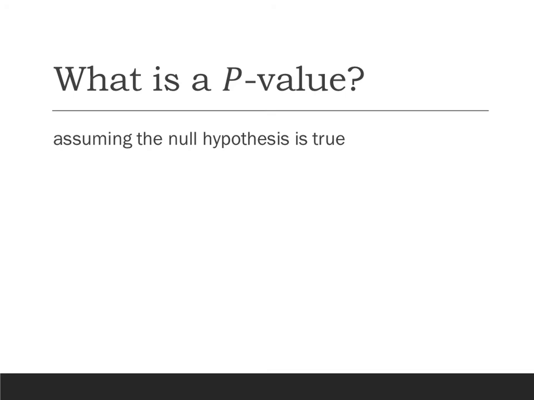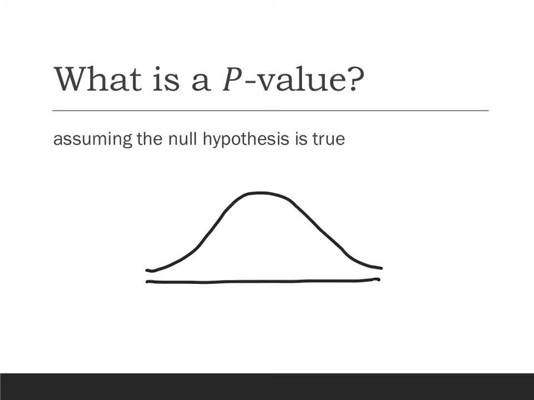Now, all of this, of course, is contingent on the assumption that the null hypothesis is true. Remember, our null hypothesis is our statement of no change. So our statement of no change, or this is what we expect it to be for whatever reason. A lot of times, we'll assume that the population proportion is 50%.